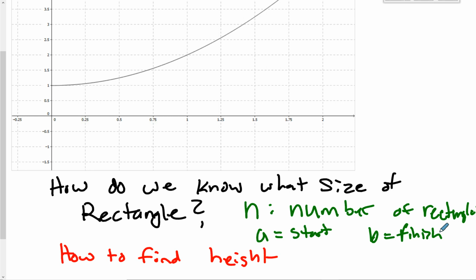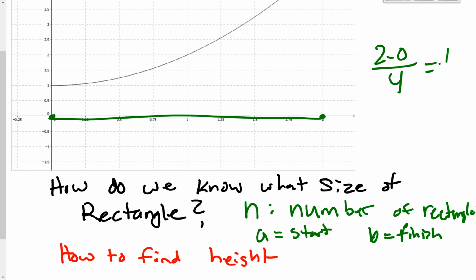If I have this length from 0 to 2, and I want 4 rectangles that are all the same width, I take 2 minus 0 and divide by how many rectangles I want. So if I want 4, they all need to have a width of 1/2. So I go 1/2, 1, 1.5, and 2. Then I have 4 rectangles.